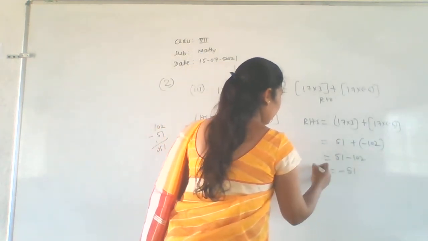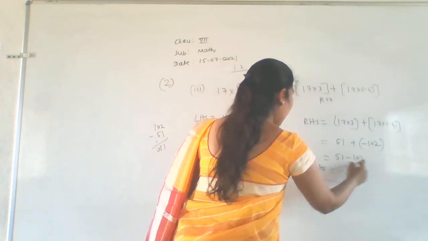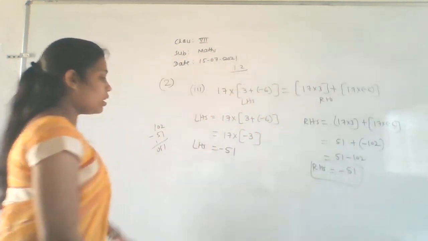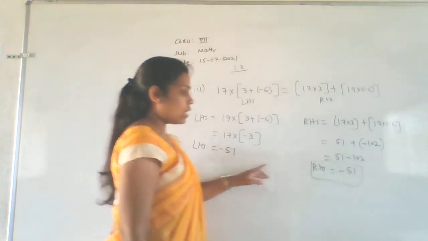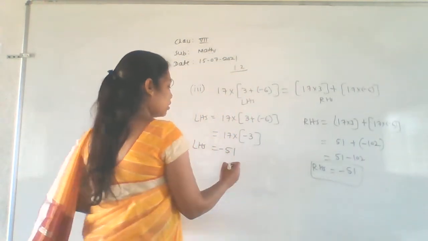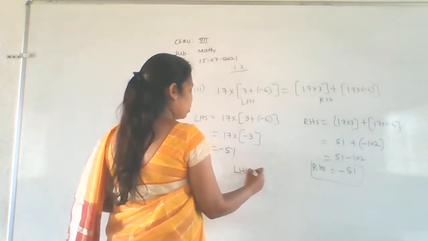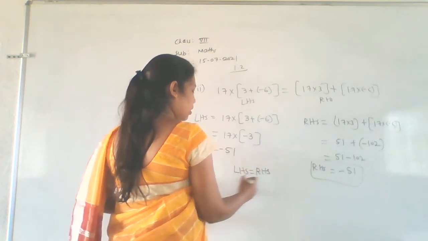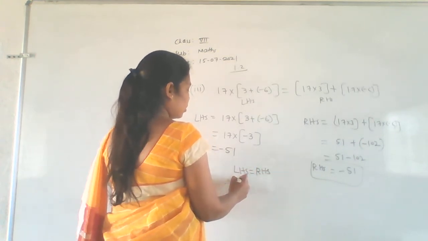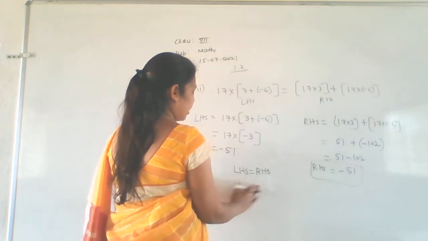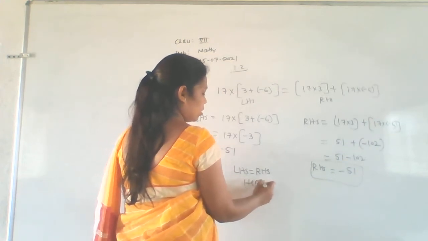So minus 51. What is the RHS value here? RHS value is minus 51, and the LHS value is minus 51 as well. Then here we can write LHS is equal to RHS. Right? Therefore, verified. Hence verified.